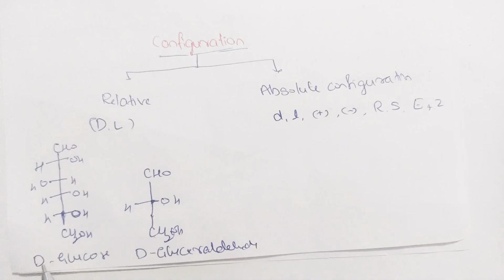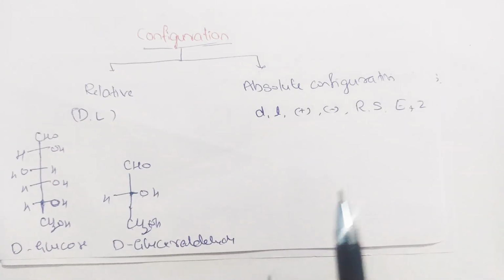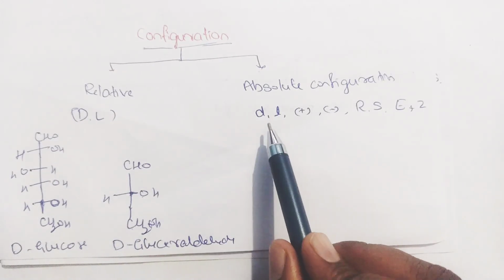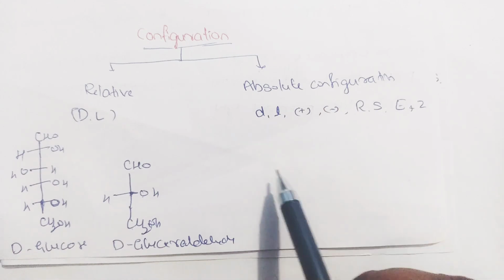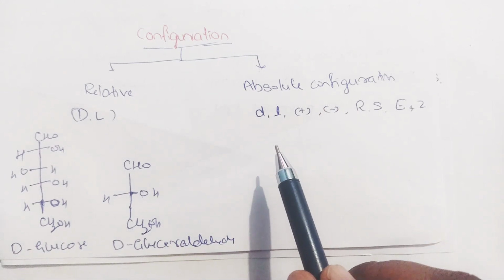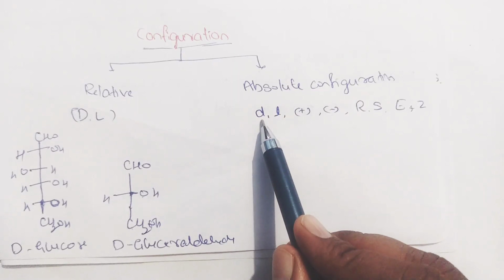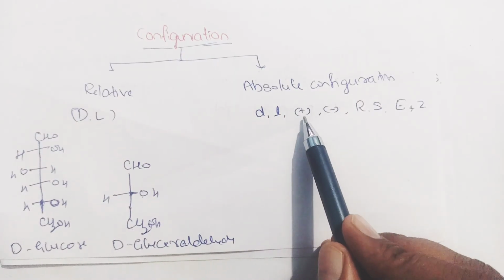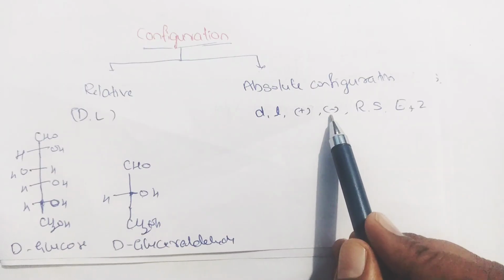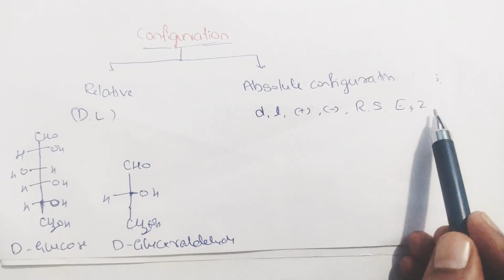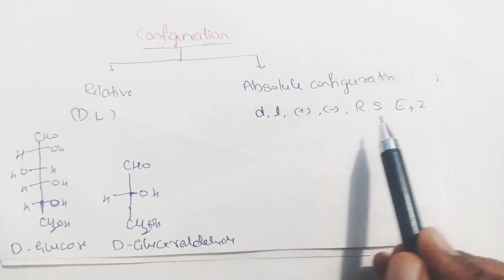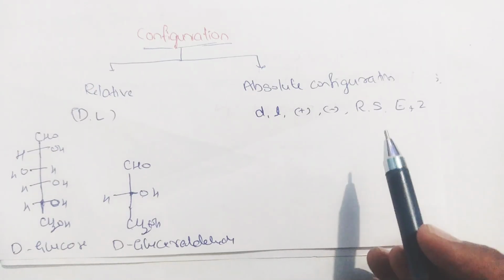This is not dextro or levorotatory; there is no relation between dextro and levorotatory and this relative configuration. Then absolute configuration is the exact configuration around the chiral carbon atom of the groups attached to the chiral carbon atom. Dextrorotatory, levorotatory, R and S, E and Z are absolute configurations.